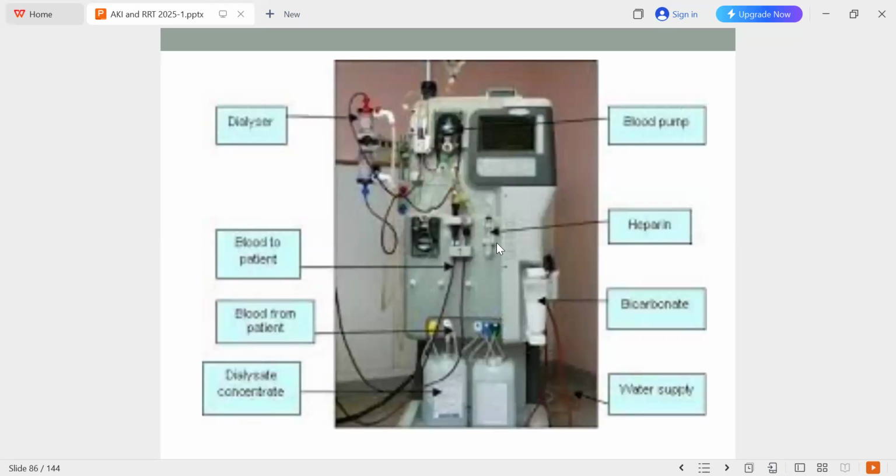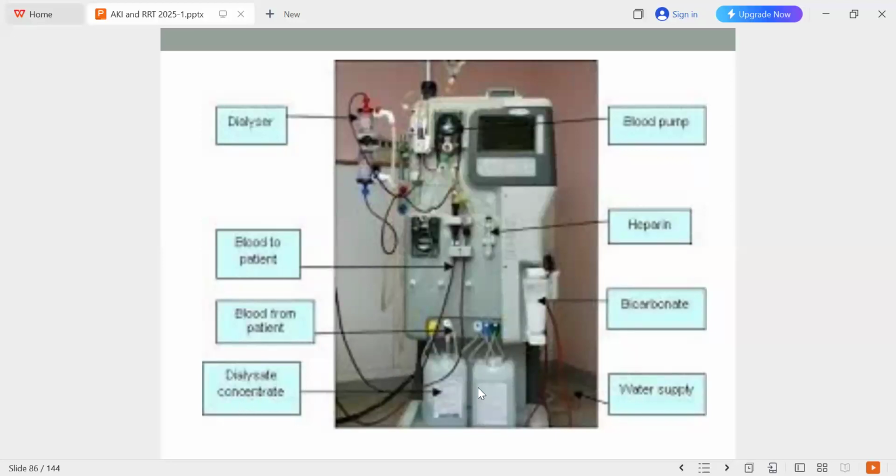So this is an example of a dialysis machine that is labeled. From the left, we have the dialyzer. This is where diffusion or ultrafiltration takes place. The venous line carries blood to the patient, while the arterial line carries blood from the patient to the system.